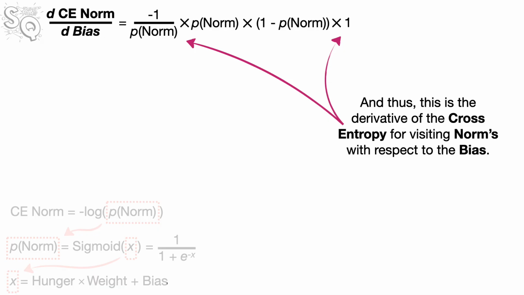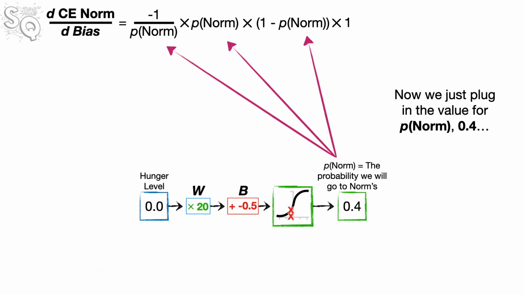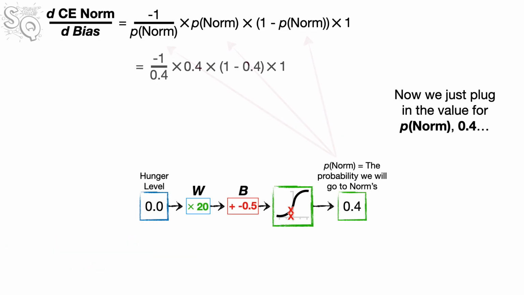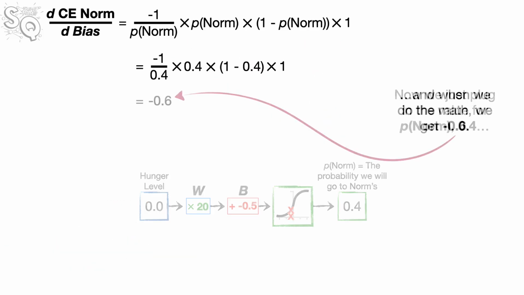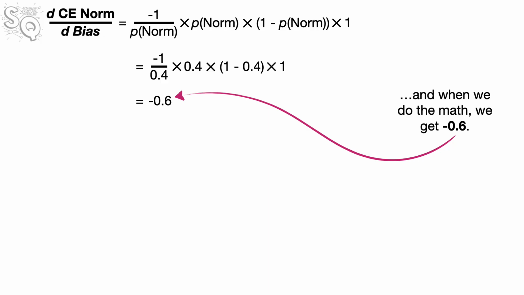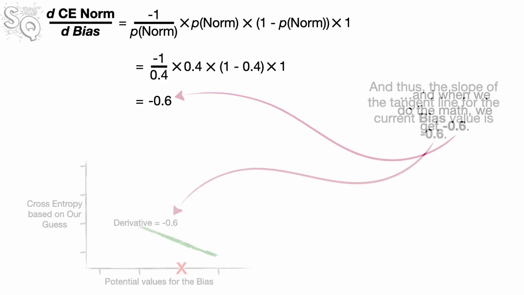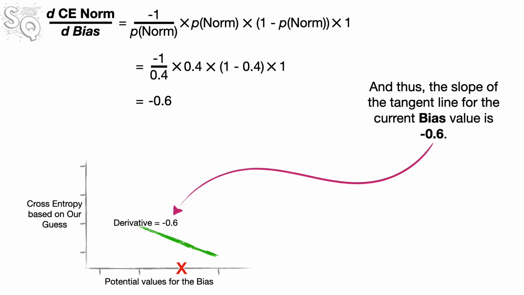And thus, this is the derivative of the cross entropy for visiting Norm's with respect to the bias. Now we just plug in the value for p norm, 0.4, and when we do the math, we get -0.6. And thus, the slope of the tangent line for the current bias value is -0.6.